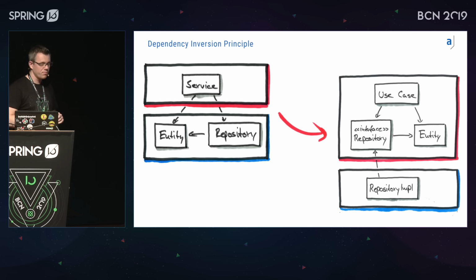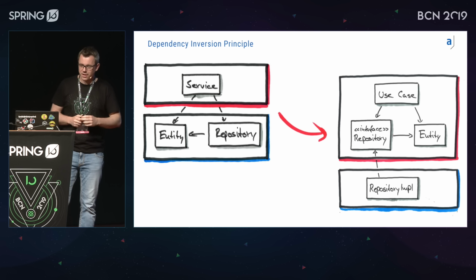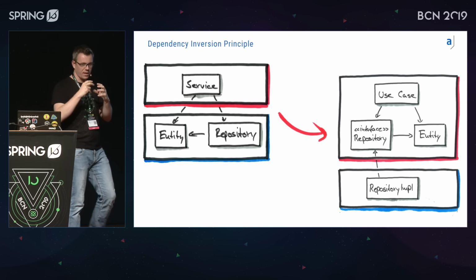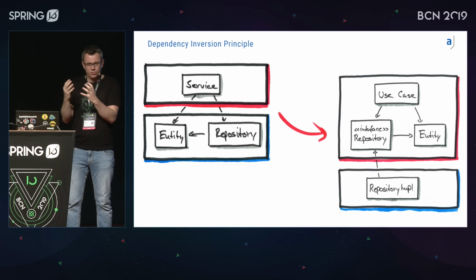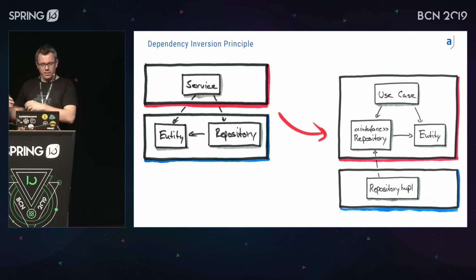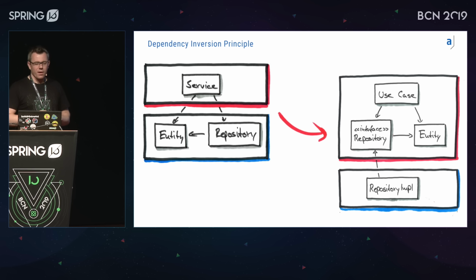I also replaced service with use case here, but that doesn't matter. On the right side we're using dependency inversion, which means we have moved the entity up into the domain layer, so that this is now a domain entity, no longer a JPA or Hibernate or whatever entity.